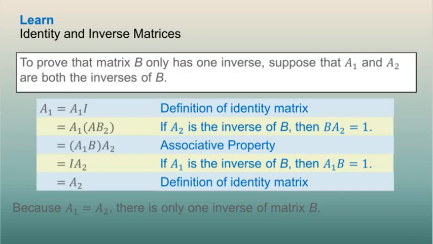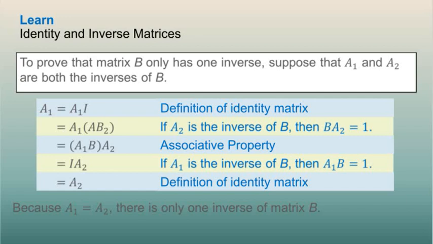To prove that matrix B only has one inverse, suppose that A subscript 1 and A subscript 2 are both inverses of B. Here we're working through A subscript 1 equals A subscript 1 times the identity matrix. If A subscript 2 is the inverse of B, then B times A subscript 2 equals the identity.